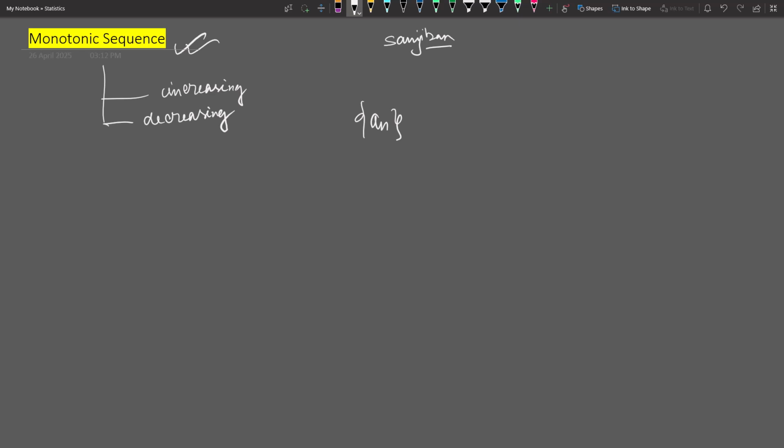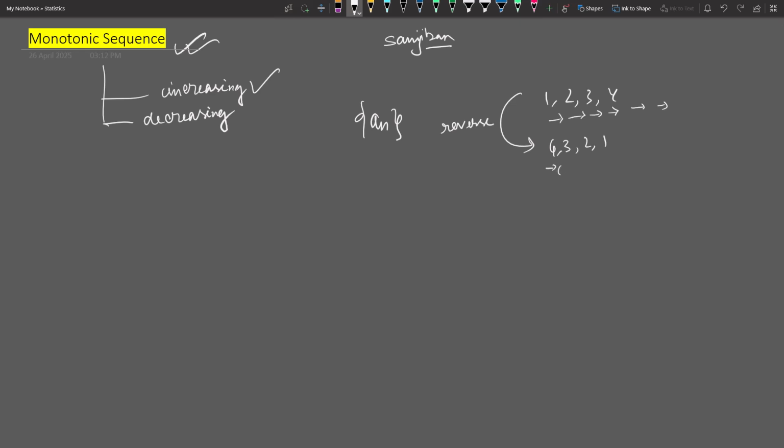Monotonic increasing means 1, 2, 3, 4. This is going to increase one by one. So this is monotonically increasing. And if I say 4, 3, 2, 1, just reverse these numbers, we will get monotonically decreasing.